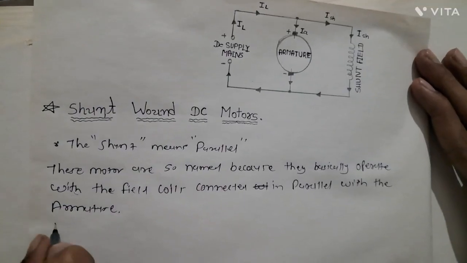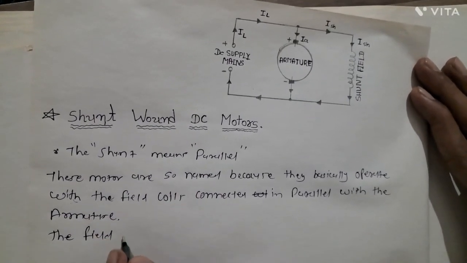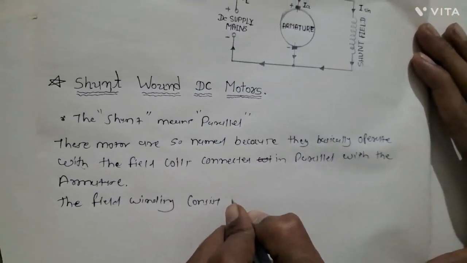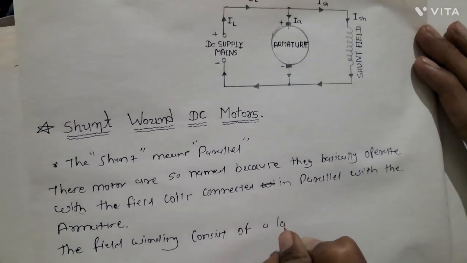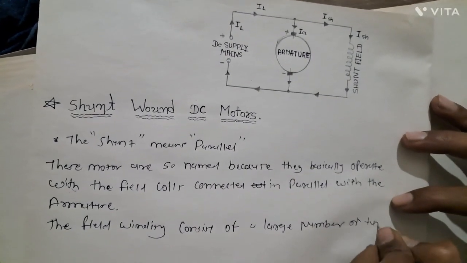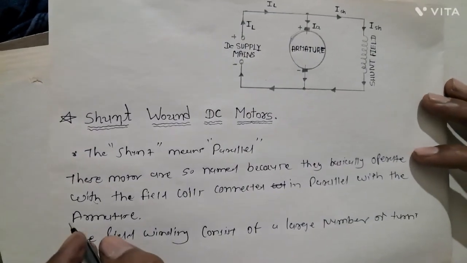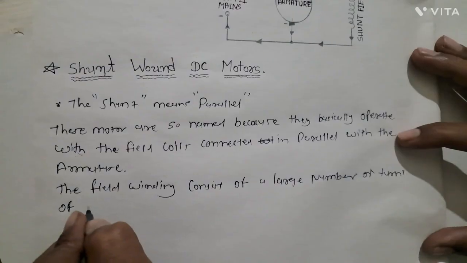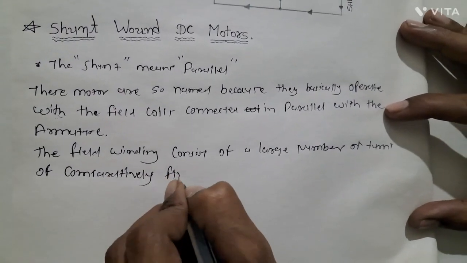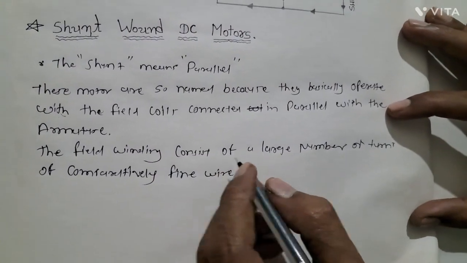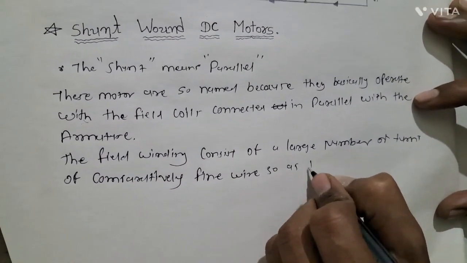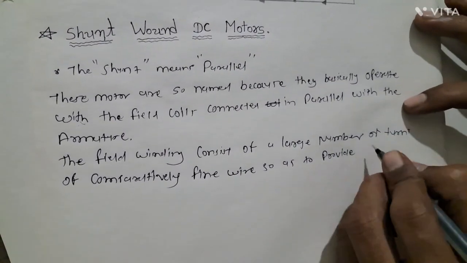The field winding consists of a large number of turns of comparatively fine wire, so as to provide large resistance.